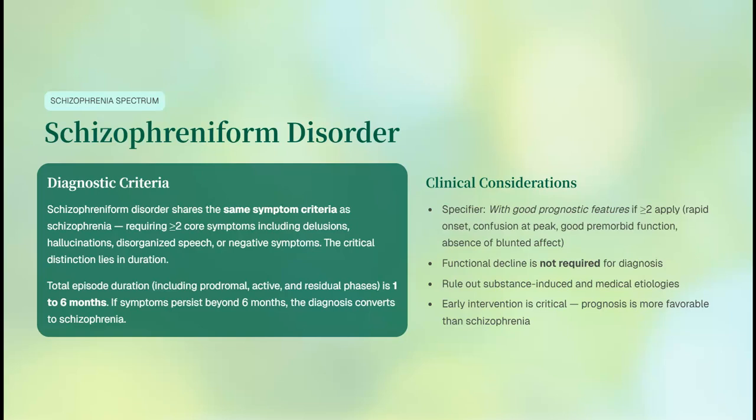Remember, for schizophrenia, they have to have a functional decline. For schizophreniform, they don't. Always rule out substance use and medical causes. Early intervention is going to matter. Prognosis is usually better than schizophrenia. So catching it early and treating it aggressively can really make a difference for those with schizophreniform.